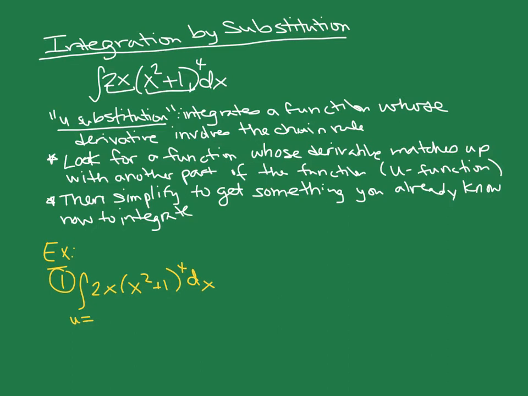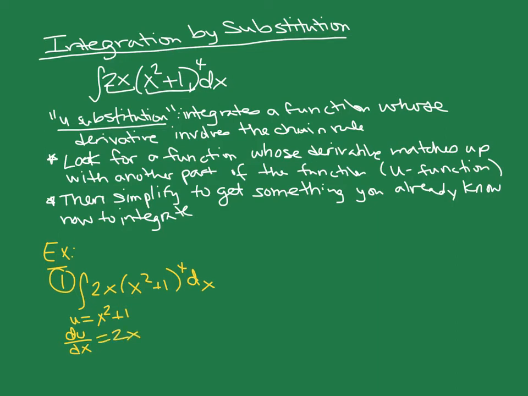So what I'm going to do is set u equal to x squared plus 1. Then I am going to take the derivative of that. So when I take the derivative of u with respect to x, that's going to give me 2x.